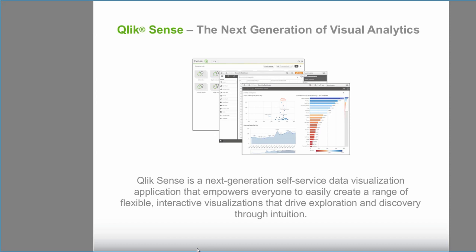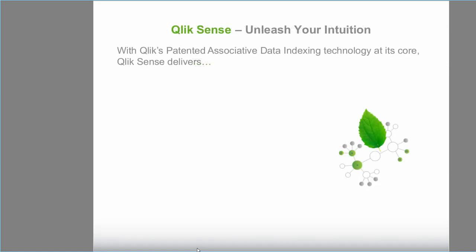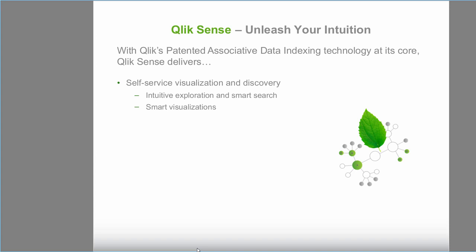When we talk about what QlikSense enables you to do, we're taking our patented data indexing technology that we've used in QlikView for many, many years, and we've put it into QlikSense, which enables us to deliver self-service visualization and discovery like we talked about earlier. And what this means is it gives you that intuitive exploration, smart search capabilities throughout the data model that's loaded into memory, smart visualizations that resize to the different device that you're on.